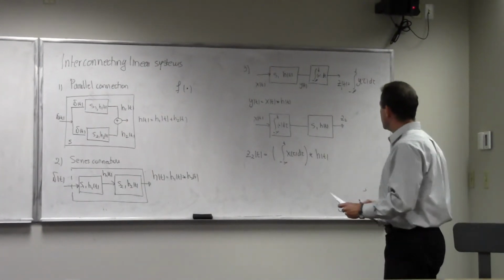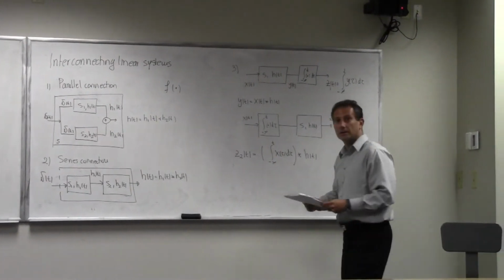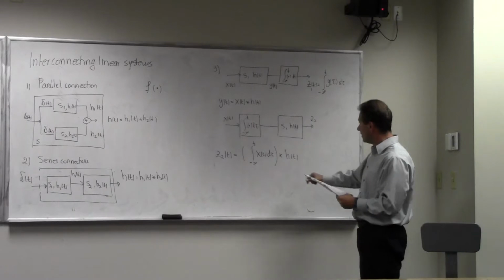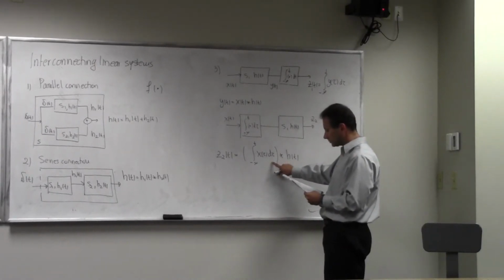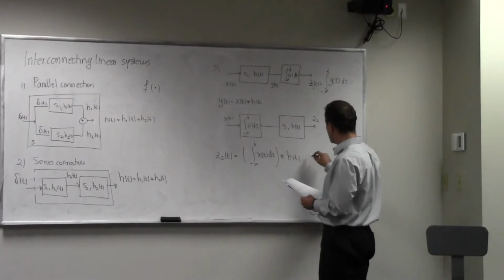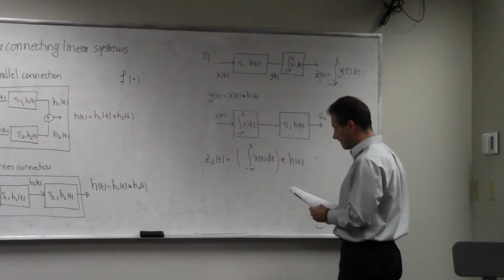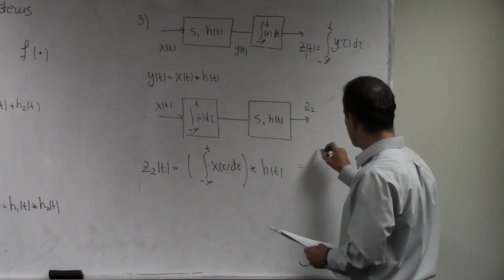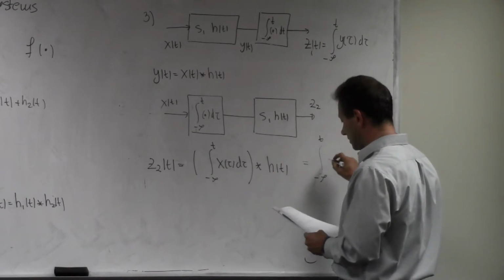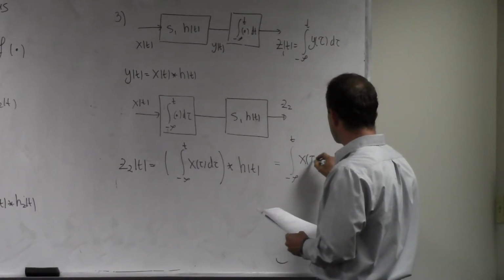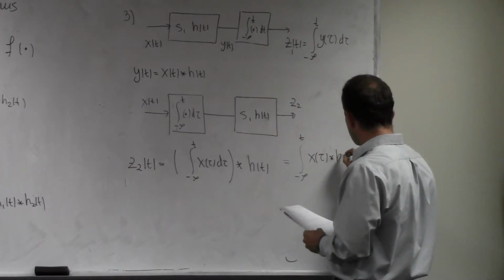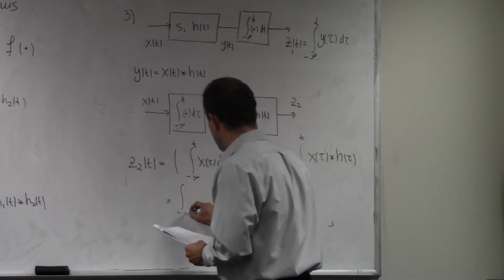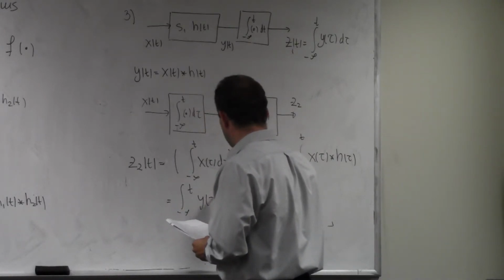So let's complete this analysis here. We can actually do some math, but I shortened it here. This is the integral from minus infinity to t of x of tau convolved with h of tau, and this is essentially the integral from minus infinity to t of y of tau d tau.